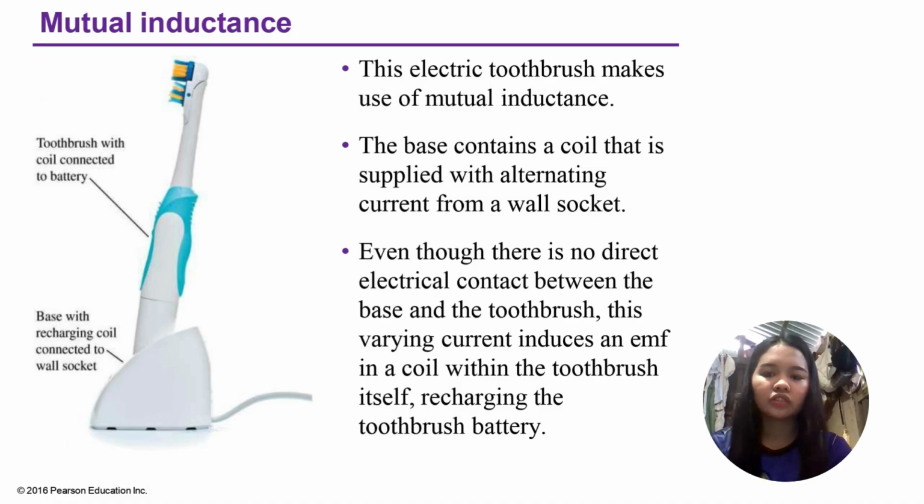This alternating current generates a time-varying magnetic field. The toothbrush itself contains another coil. When the toothbrush is placed on the base, the changing magnetic field from the base induces an EMF in the toothbrush coil, which then recharges the battery. This occurs without any direct electric contact, showcasing the power of mutual inductance.